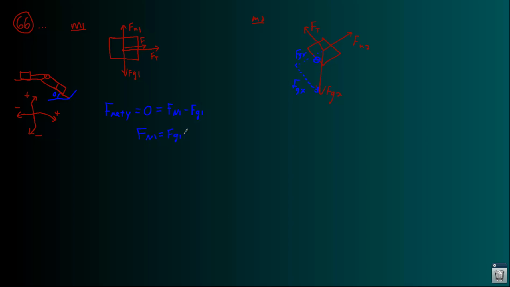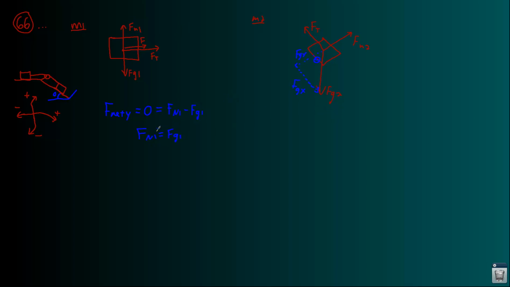And how does this help us with the problem? It absolutely does not help us. But I'm doing it just for consistency, because eventually we're going to need this normal force stuff because, as we're going to learn, friction is related to the normal force.